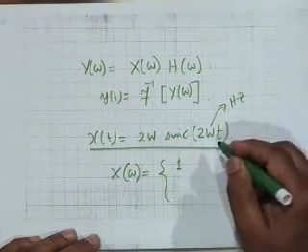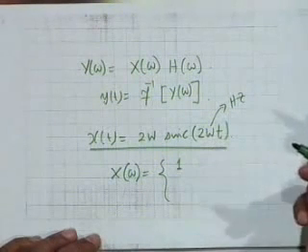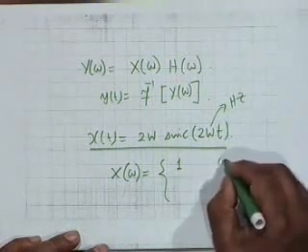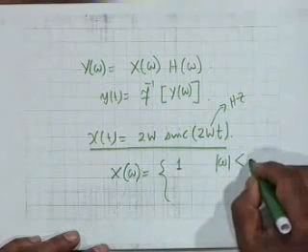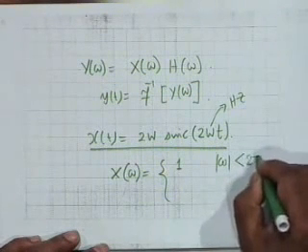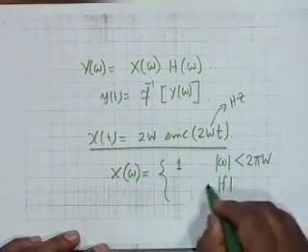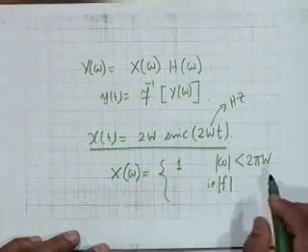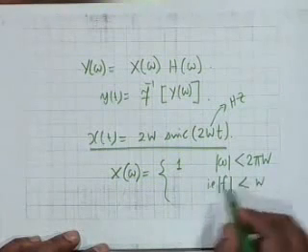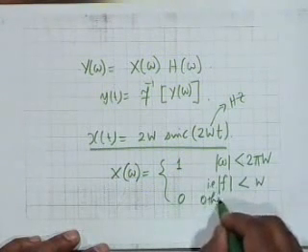So let's write in terms of hertz. We can also write like this, capital omega less than 2 pi W, which means that frequency f in hertz is less than W, and it is 0 otherwise.